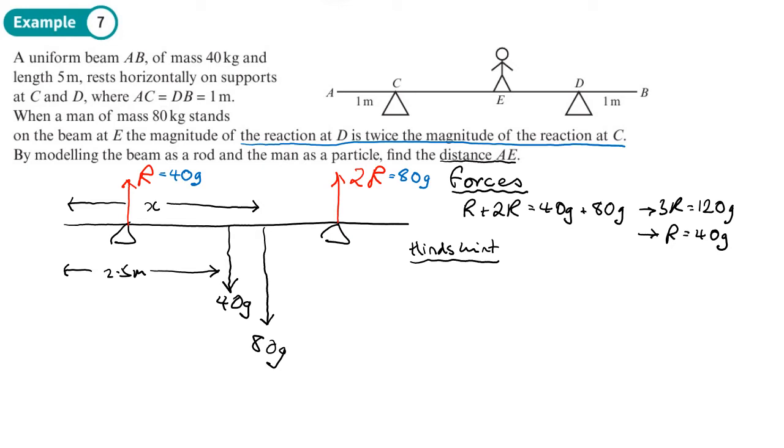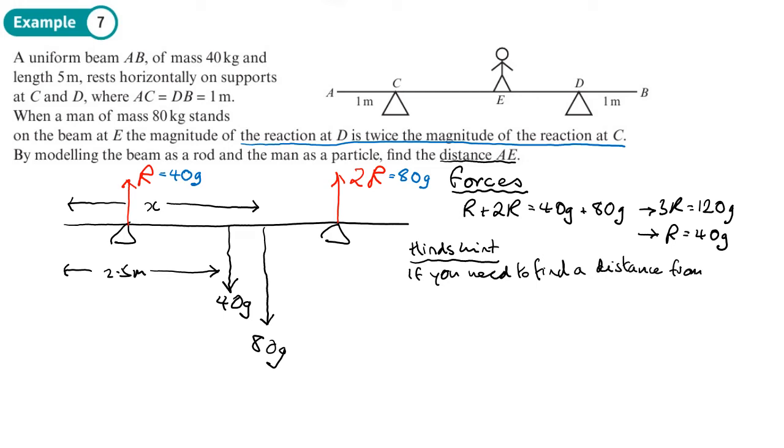Since we're trying to find the distance from A to E, let's make A our pivot point, because then we can do a distance times a force. If you pick other points as your pivot point, yes, you will get the answer, but you're making things more difficult.